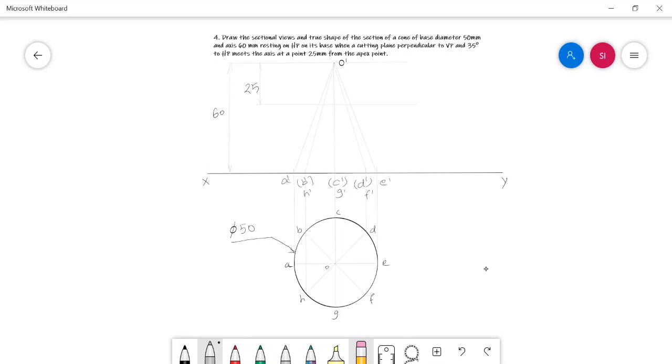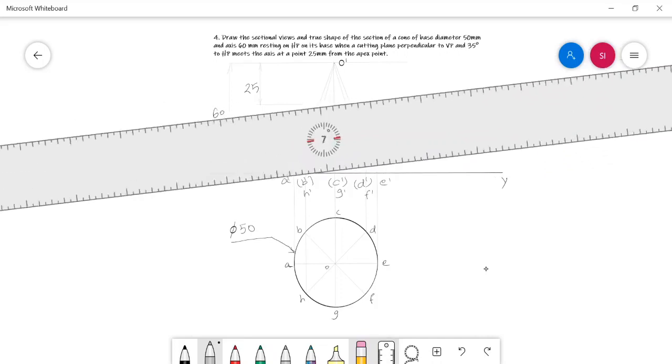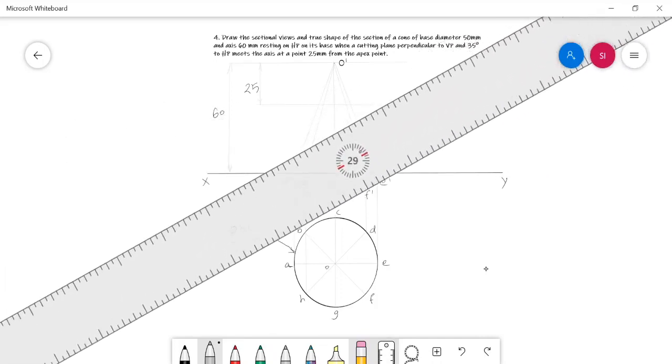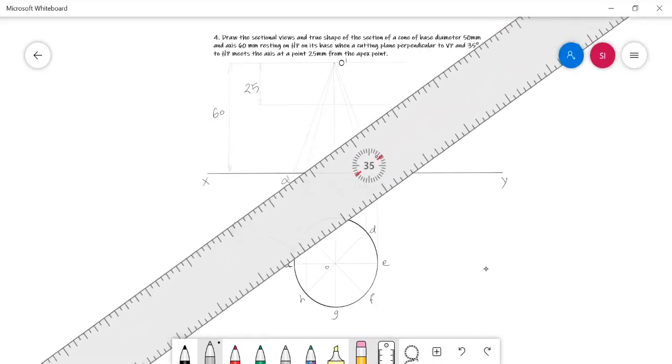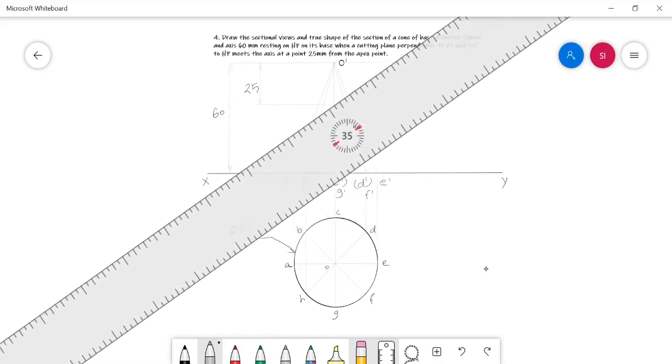So here we are going to cut the solid with the given cutting plane, which is 35 degree inclined to HP. With the proper line format and HP pencil, we need to draw the cutting plane.